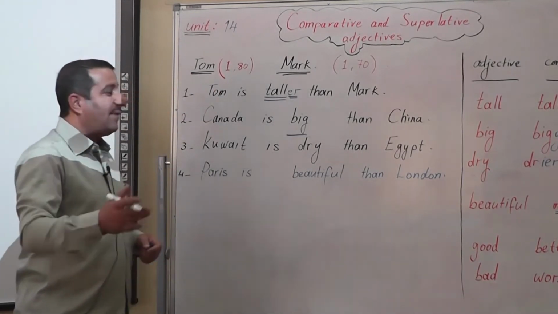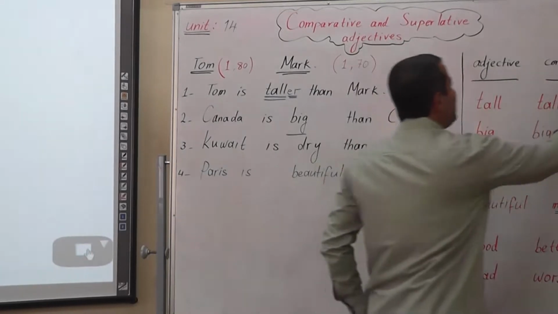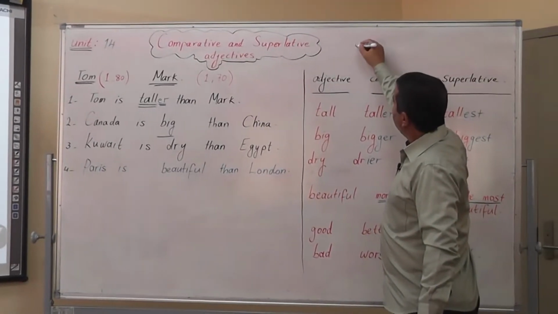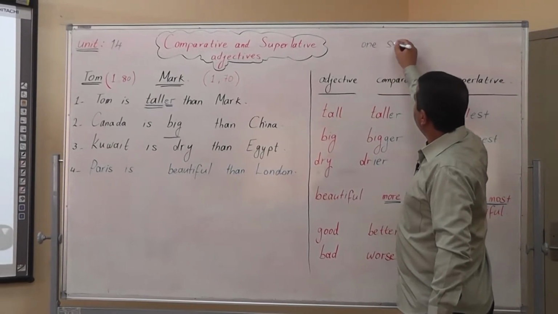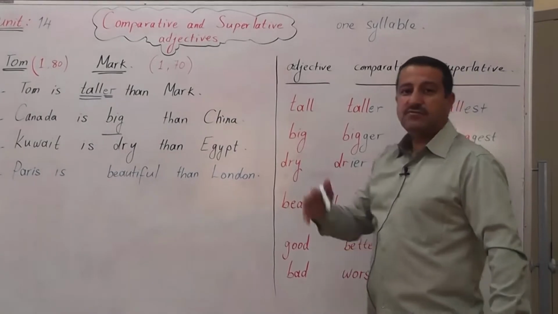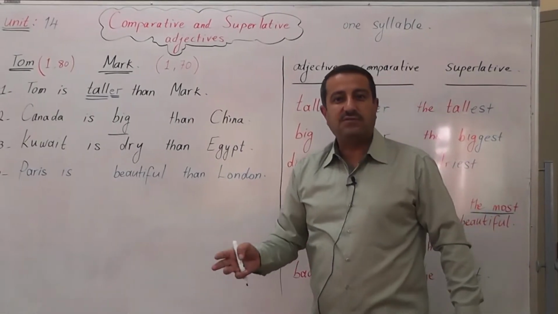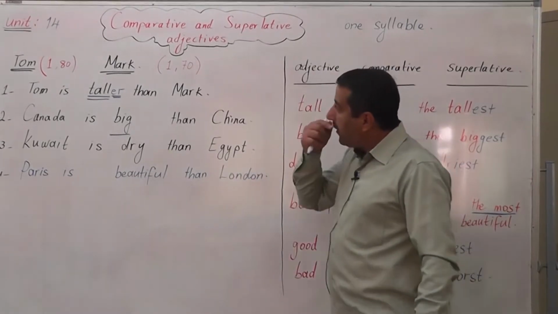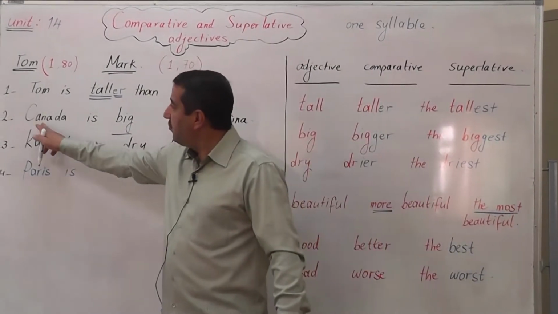Okay, so some adjectives have one syllable, like tall, short, big, and so on. If we look at the second example, we have two countries.